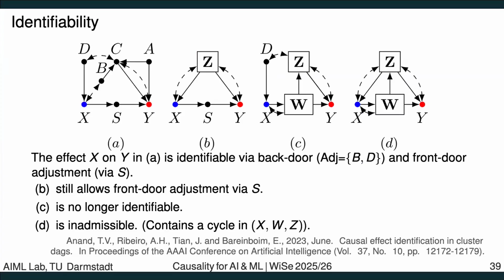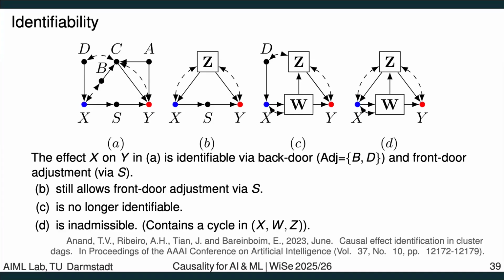Basically, we can start out with the causal model on the left and do different groupings of variables. Depending on how we do that, we might still obtain or preserve identifiability or not. If you consider the left graph, you see that we can apply both the front door and the backdoor criterion.